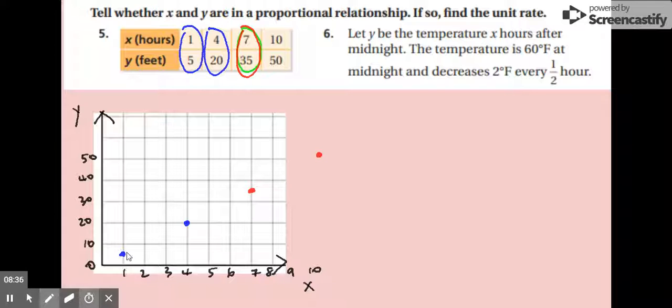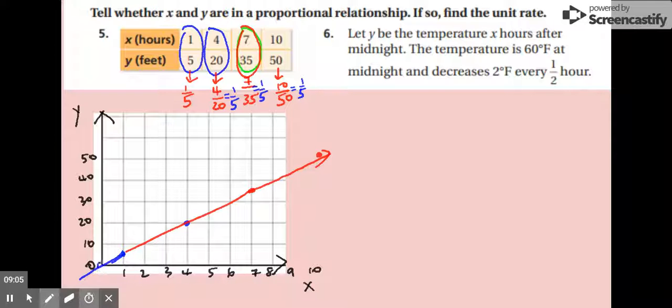If you connect it, I think this is going through the origin, but let's double check by simplifying all the ratios: 7 to 35 and 10 to 50. It's going to be 1/5, and this is 1/5, 1/5, and 1/5. So it should go through the origin, right?